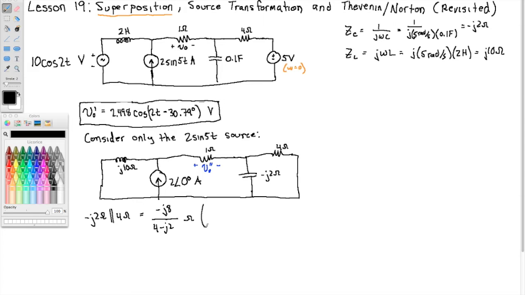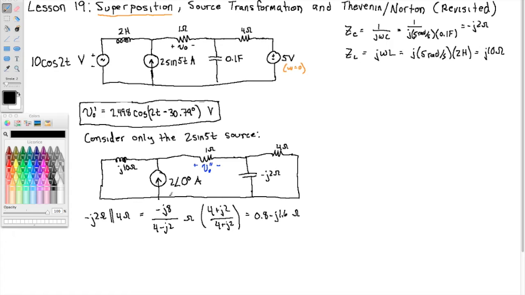So if you multiply by the complex conjugate over the complex conjugate, you'll find the denominator becomes purely real, and you're able to reduce this rather quickly. And so this makes 0.8 minus j1.6 ohms. That's the equivalent impedance of these two over here.